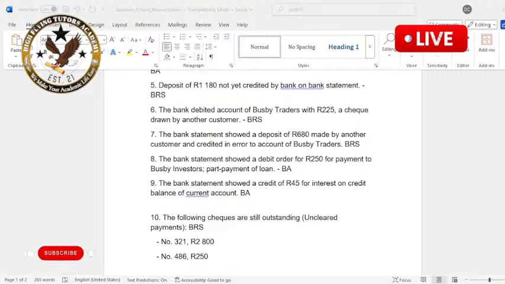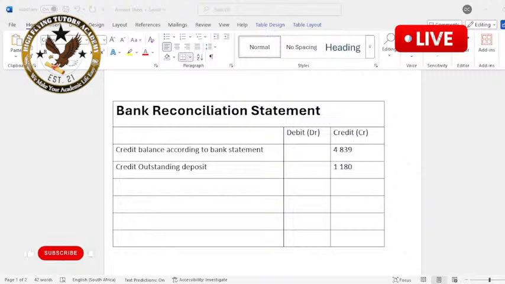So I hope I make sense right there. Let's go to our answer sheet in the BRS, and then when we get to the BRS, we are going to say credit amount wrongly debited, because they debited us wrongly instead of debiting the other customer, by 225.